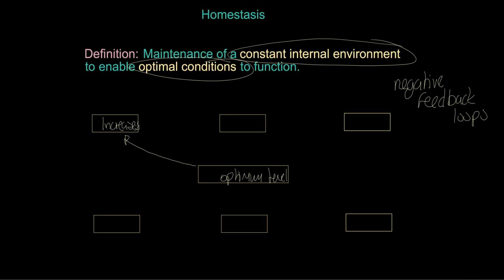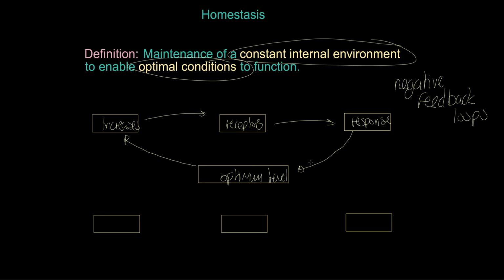Let's imagine that we've got that increase being detected by receptors. Those receptors could be thermoreceptors that inform the hypothalamus, and because of the increase in, let's say, temperature, we get some kind of response, and that response could be, for example, sweating. So we get some kind of response, and therefore we return to the optimum level, 37 degrees plus or minus 1 degree, say.